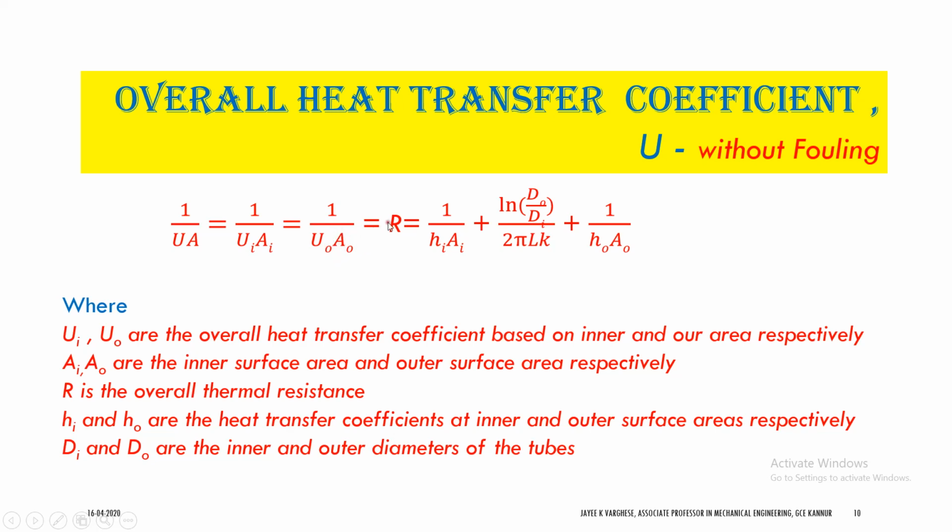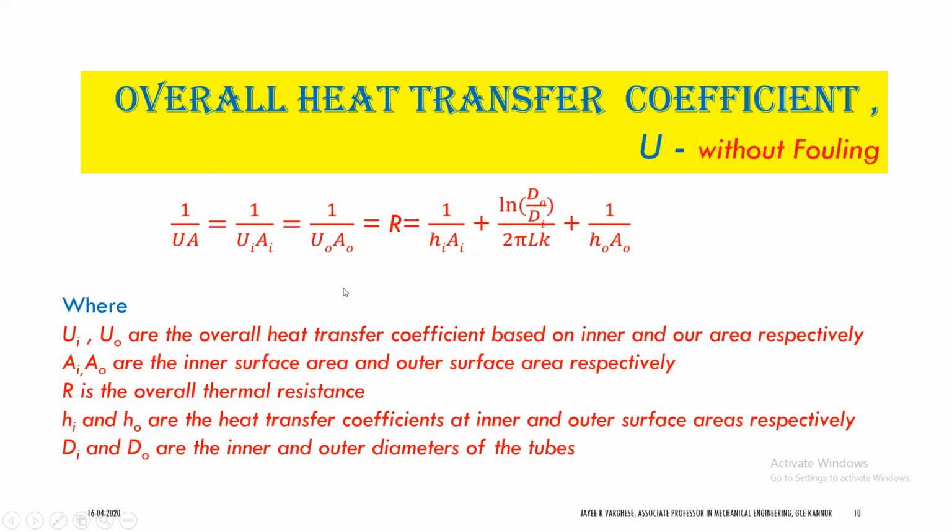So 1 by UA stands for the overall resistance, which can be calculated by 1 by HiAi plus ln(Rout by Ri), or ln(Dout by Di), divided by 2 pi L K, plus 1 by HoutAout, where Ai is 2 pi RiL, or pi DiL, where Di is the inner diameter and L is the length of the heat exchanger, whereas Aout is the outer area.